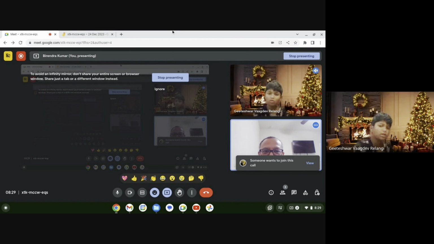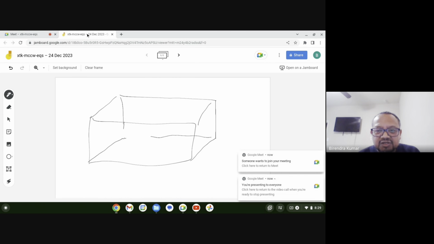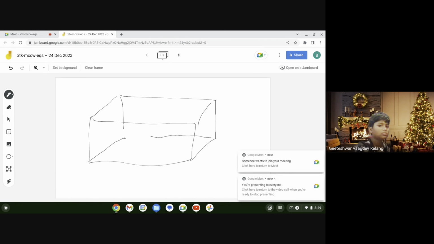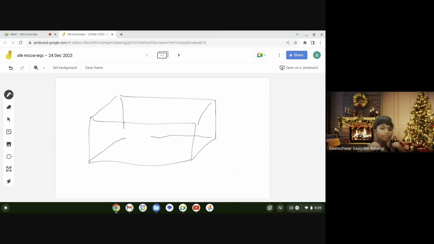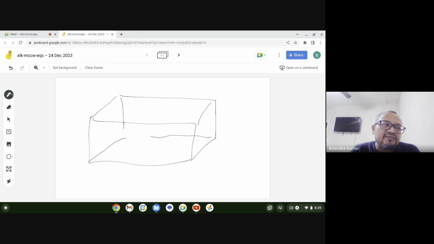Can you repeat it again? I don't get it. Okay, so you heard what a cube is, right? The ice cube. The length, width, and height, everything is the same. That's why it is called a cube. If you look at my phone, or the matchbox, it looks like a rectangle from one side and it has some height.